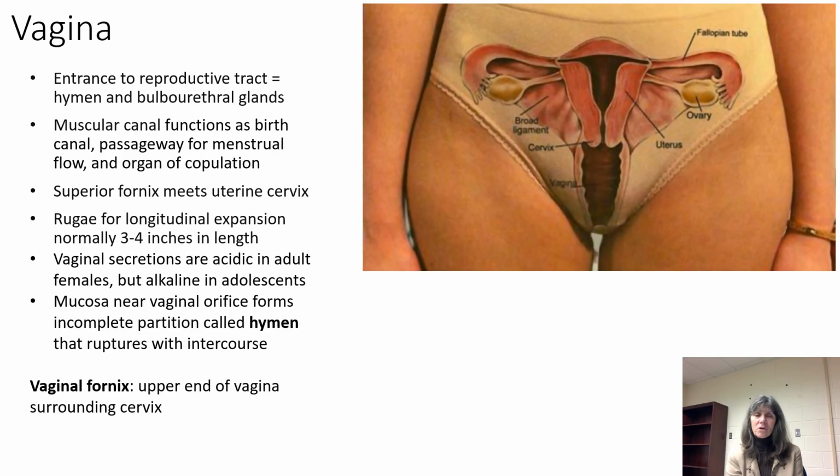The mucosa near the vaginal orifice will form that incomplete partition, as we mentioned before, called the hymen. That's just a little mucous membrane that can either rupture with intercourse or, as I said before, with really active physical exercise. So again, that vaginal fornix is the upper end of the vagina surrounding the cervix.